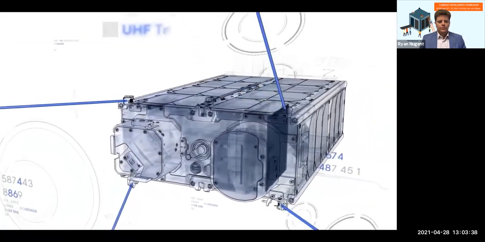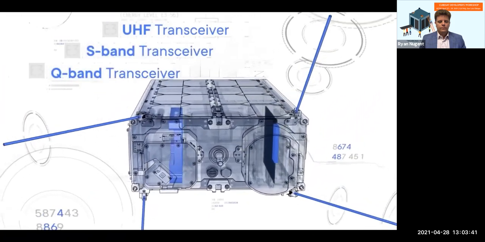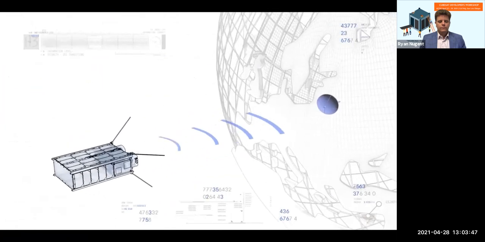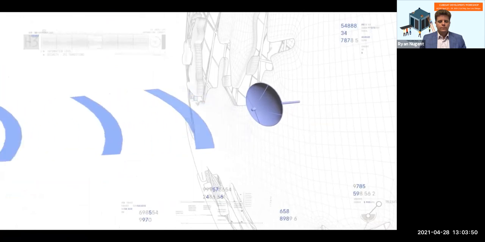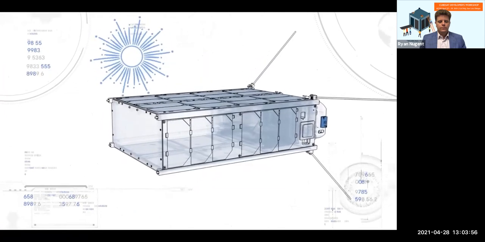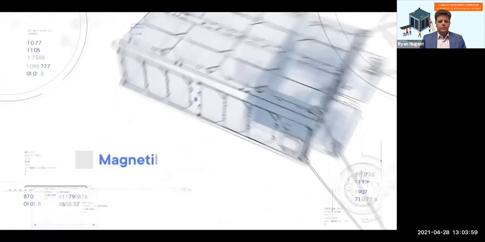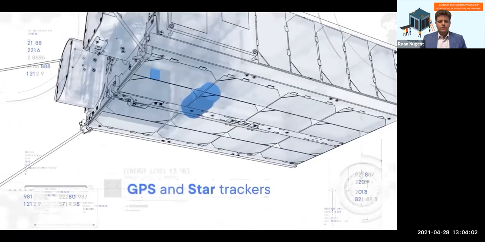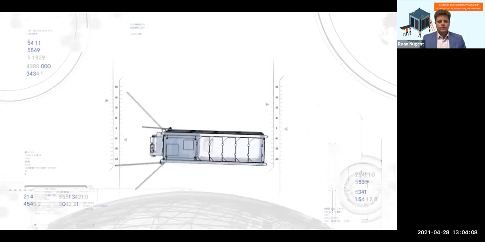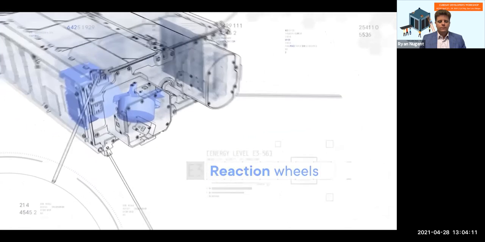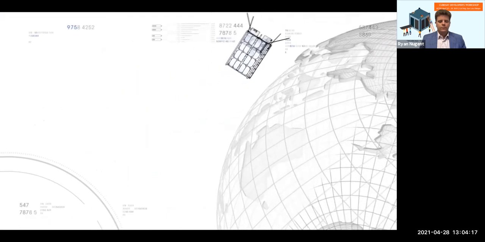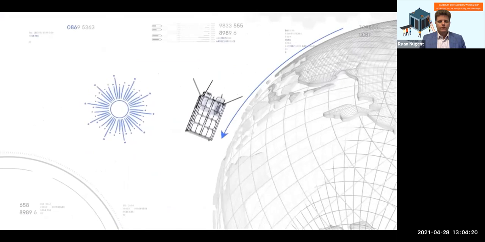The M6P uses a redundant UHF transceiver, an S-band transceiver, as well as an intersatellite link to conduct real-time communications with ground stations. The M6P's attitude determination and control system uses sun, inertial, and magnetic sensors, as well as GPS and star trackers to determine the M6P's attitude with high precision. Then reaction wheels and magnetorquers adjust the M6P's attitude, letting the satellite perform maneuvers like tracking the sun or targeting positions on Earth.